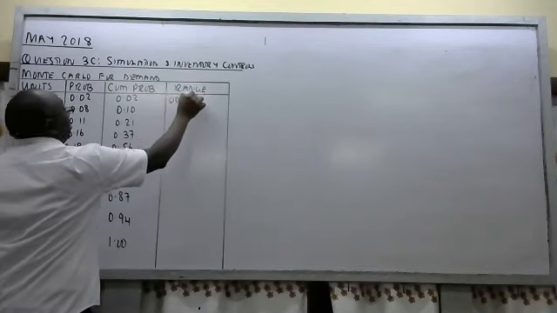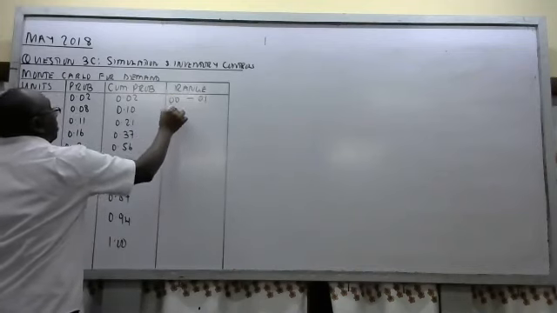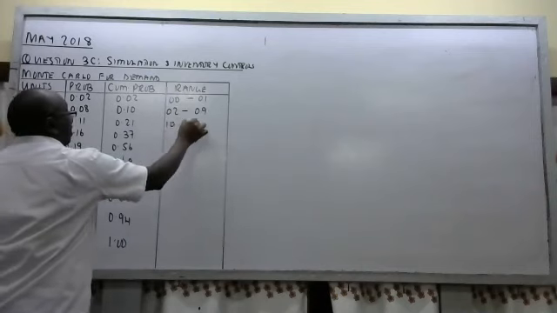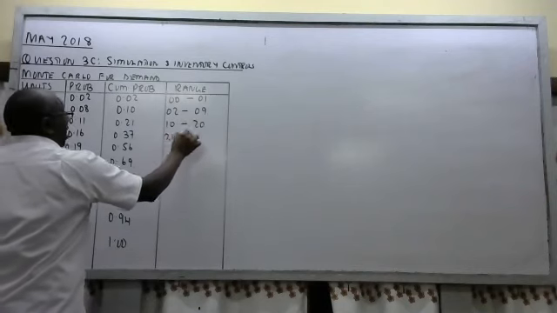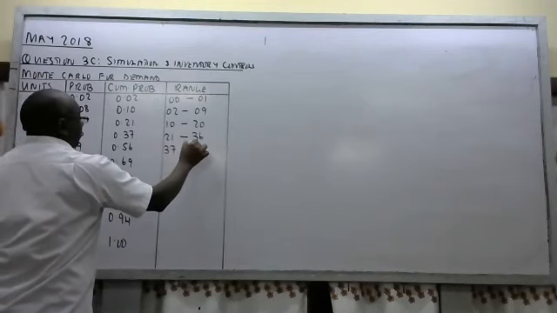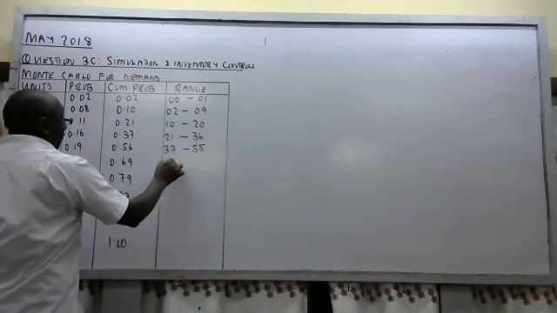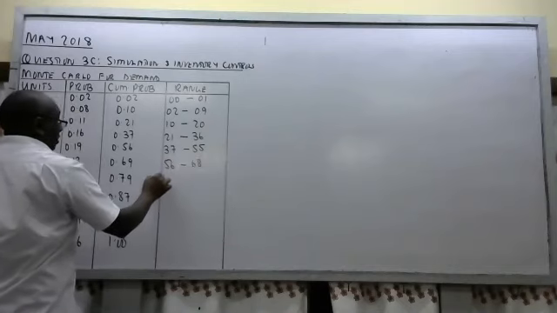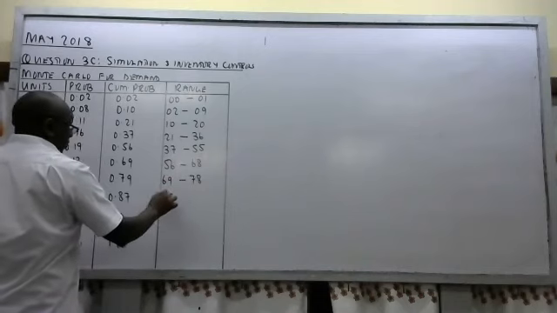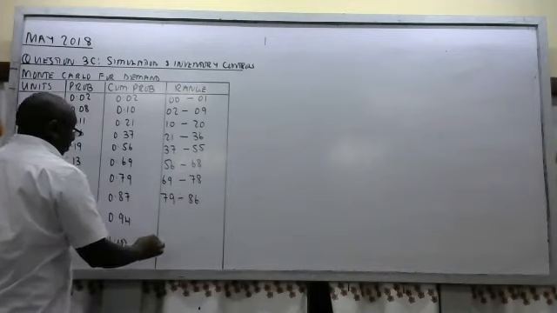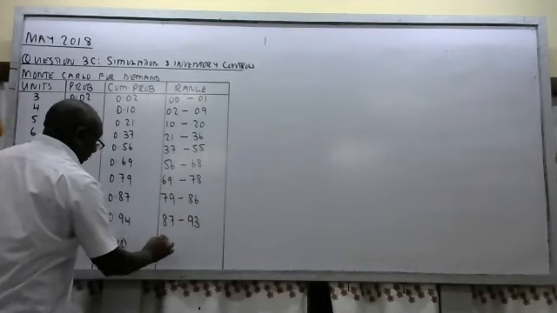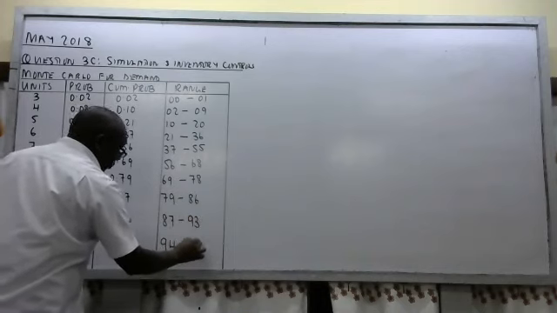So the ranges are 00 to 01, 02 to 09, 10 to 20, 21 to 36, 37 to 55, 56 to 68, 69 to 78, 79 to 86, 87 to 93, 94 to 99.